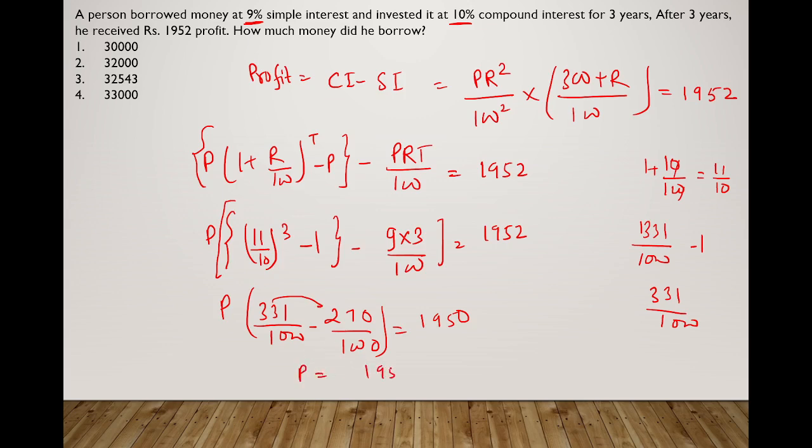So 1952 into 1000 divided by 61. Okay, here we made a mistake, that's why I get confused.